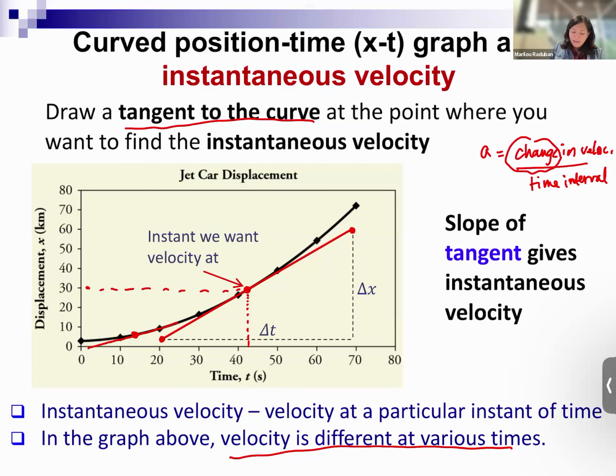And as you can imagine, you cannot calculate a change in velocity if you only have a single point. That's why you need to draw a line that's tangent to that point, and that's where you get the change in velocity over a time interval.